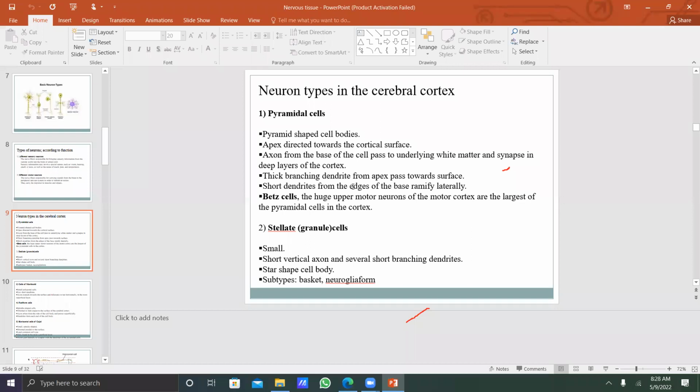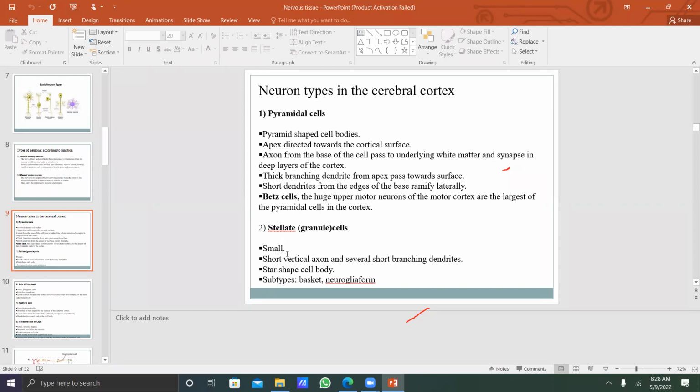And also there are short, small dendrites which arise from the edges of the base. Among these pyramidal cells, there is another special cell type called Betz cells. These are the huge upper motor neurons of the motor cortex and are the largest of the pyramidal cells in the cortex. So the largest pyramidal cells are called the Betz cells.